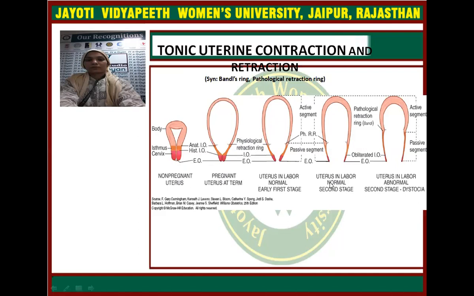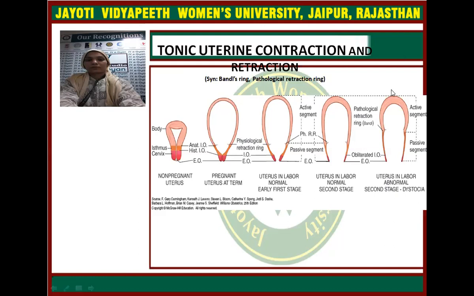But in abnormal uterine contraction, whenever there is a pathological retraction ring, this ring is formed midway of the body of the uterus. The ring will be present. So the lower uterine segment will be unduly stretched, and the upper uterine segment, the active segment, will be a smaller one, and the passive segment will be a larger one.